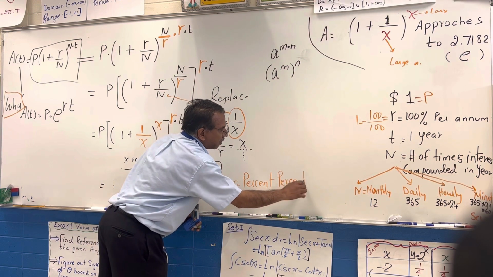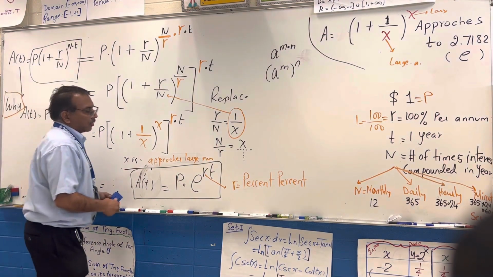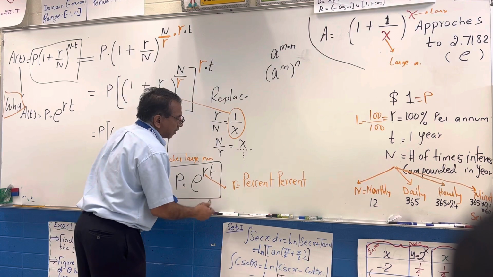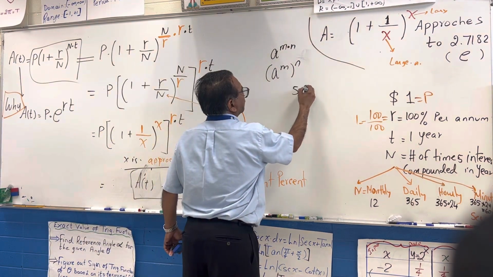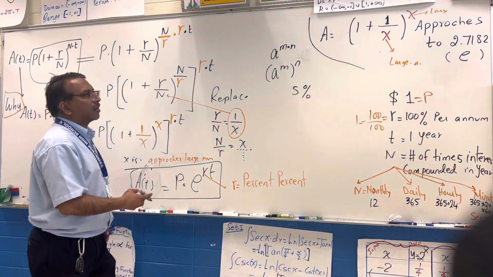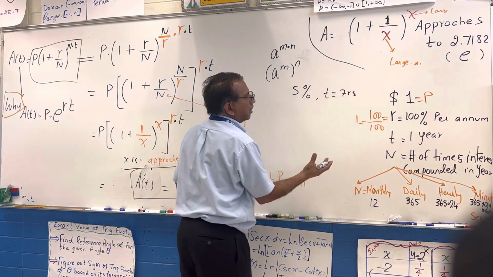What is the interest per year? So this is that r, which, let's see, the bank gives, I'm just taking an example, 5% interest. So how much money will be in 5 years or 7 years? So you want to know if it is 7 years, what will be your amount?